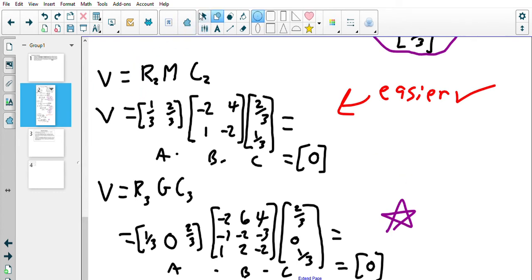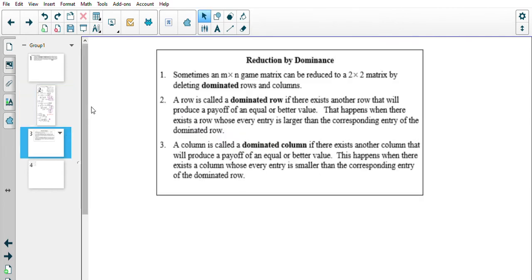Okay, so here's a summary of the section on reduction by dominance. Sometimes an m by n game matrix can be reduced to a 2x2 matrix by deleting dominated rows and columns. A row is called a dominated row if there exists another row that will produce a payoff of equal or better value. That happens when there exists a row whose every entry is larger than the corresponding entry of the dominated row.